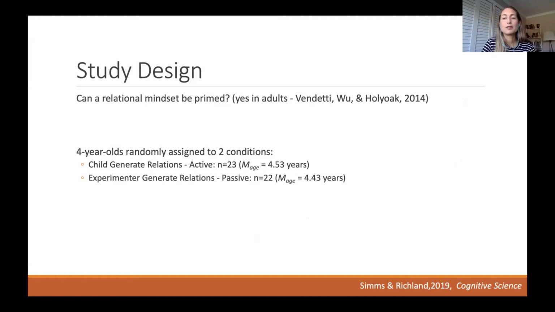Building on their work too, we wanted to look at children generating relations versus listening to an experimenter generating relations. This is looking at whether the higher order thinking talk that children do matters, whether it changes the way they view the world, or whether it can, in a focused setting.